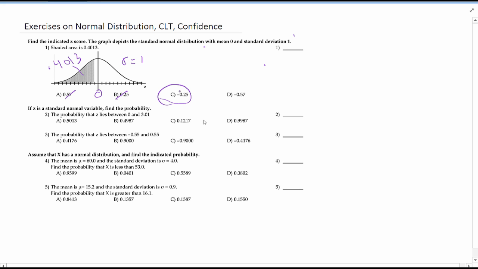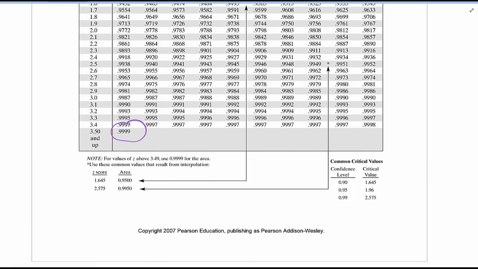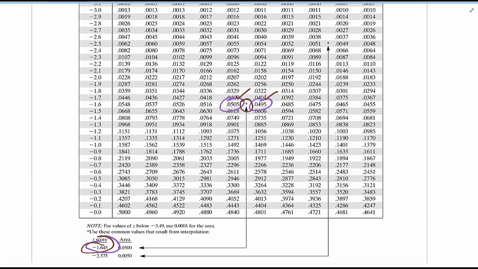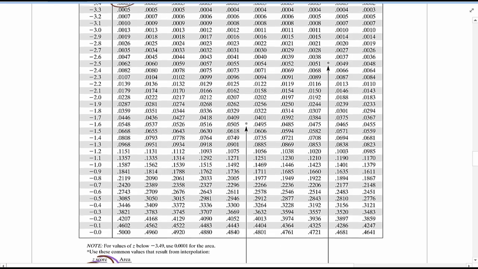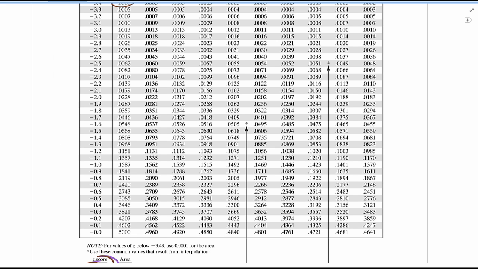Well, the way to do that is we go to the tables. It's a negative tail, so we go to the negative table. We go to the area region of the table and find the closest that we can get to 0.4013. 4052, 4013 right here.